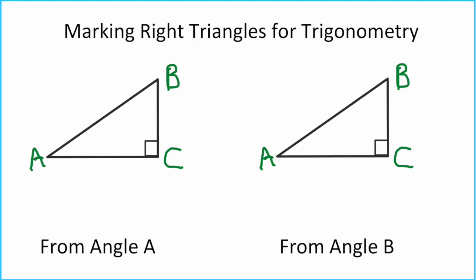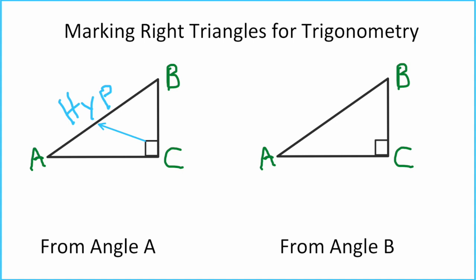Alright, so first we'll start with triangle on the left. Notice that we have to know what angle we're coming from. So on the left triangle, we're going to go ahead and go from angle A. So first step, go ahead and find your hypotenuse. You can go ahead and draw an arrow from your right angle to the opposite side. That will give you your hypotenuse, which I'm going to be abbreviating at this point.